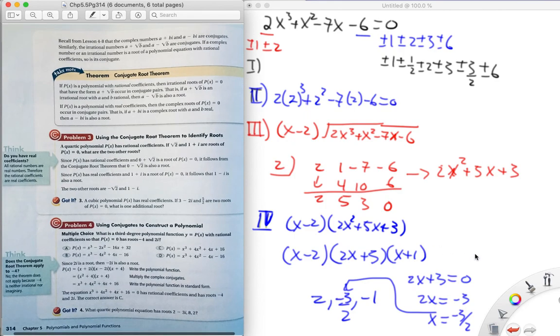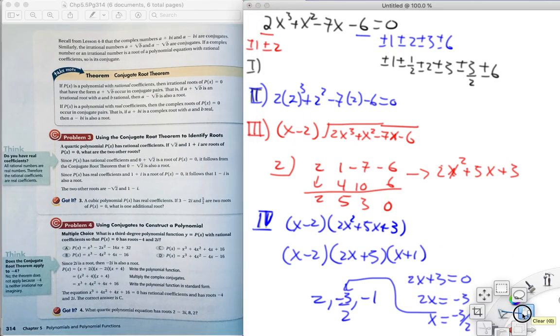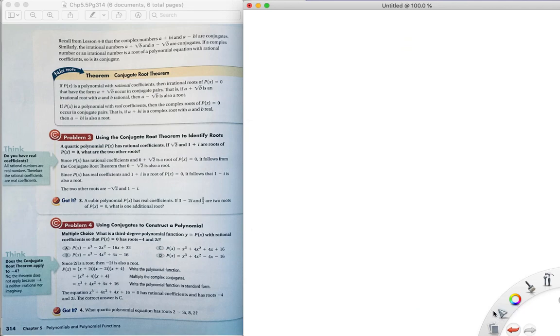Speaking of ways to get lost, conjugate root theorem. What the conjugate root theorem says is that if we have irrational roots, then its conjugate is also a root.